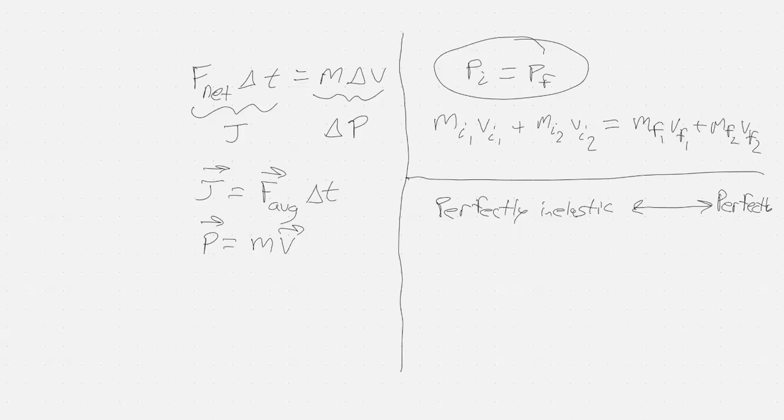And here, v final is the same for both objects that collide. That's what makes something perfectly inelastic, and necessarily there will be a change in thermal energy. So that's not equal to zero, which means that you also have a change in kinetic energy.